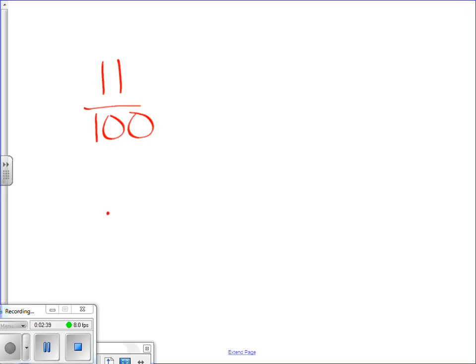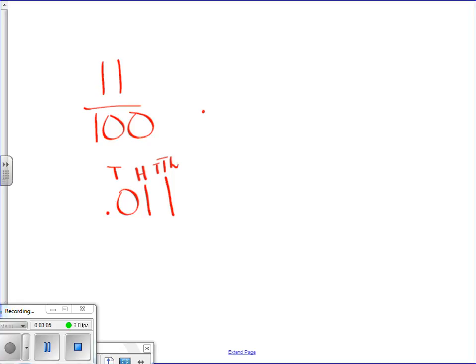.011. Okay, so, if we have this, this is tenths, this is hundredths, this is thousandths. I knew it'd be thousandths, but it's not.